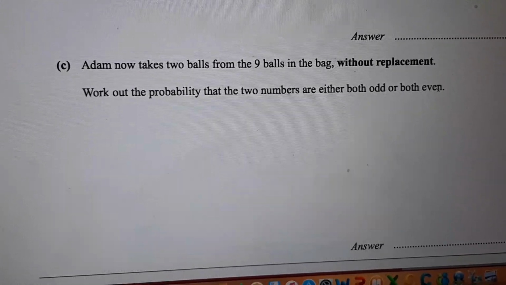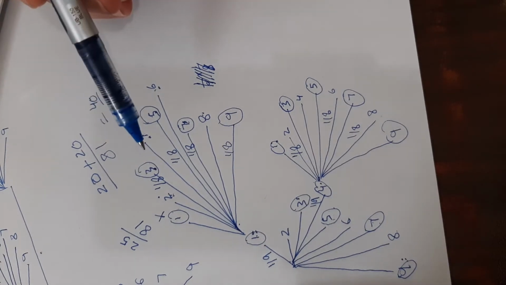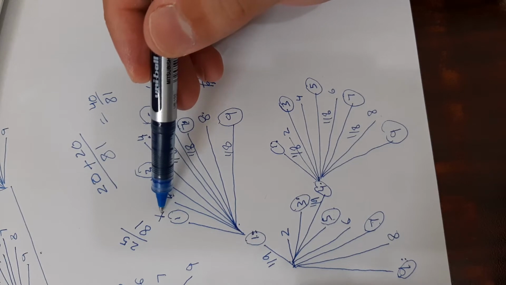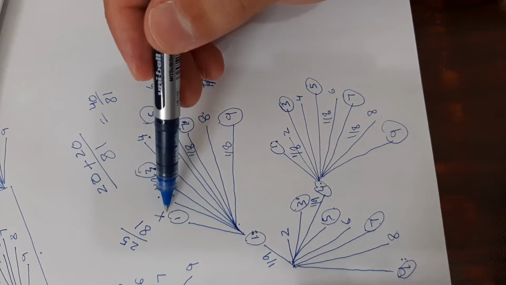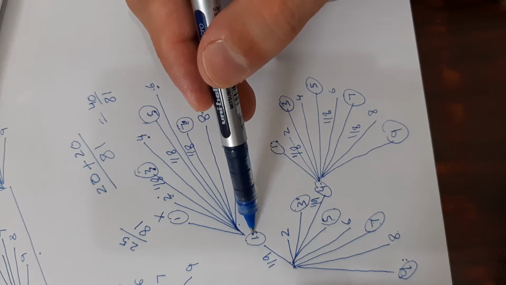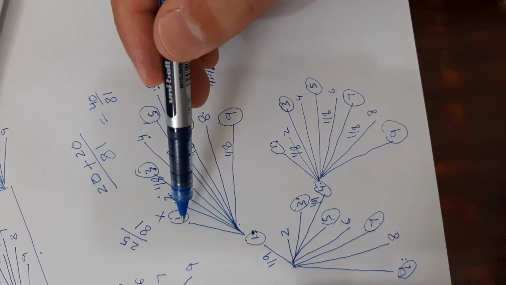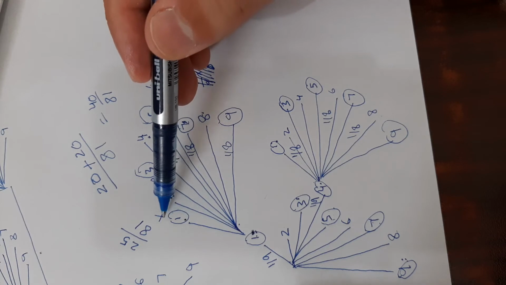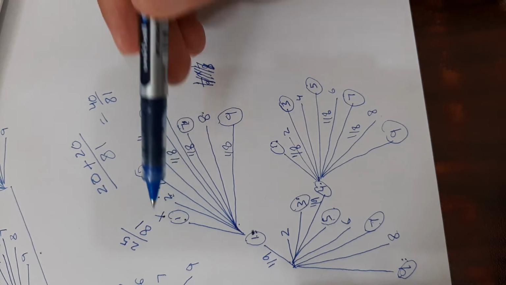When the case is without replacement, this outcome will not be possible, because when you have taken out ball number 1 and have not replaced it in the bag, the second ball can never be 1.